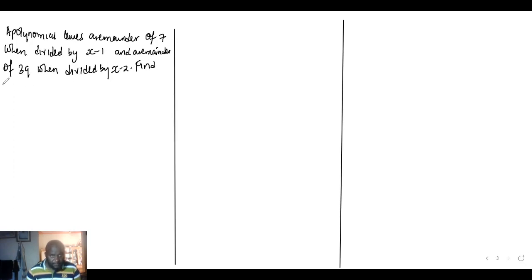Find the remainder when divided by x minus 1 and x minus 2.